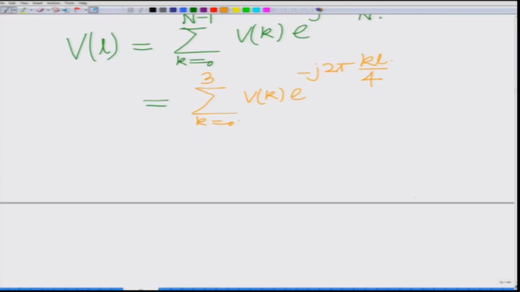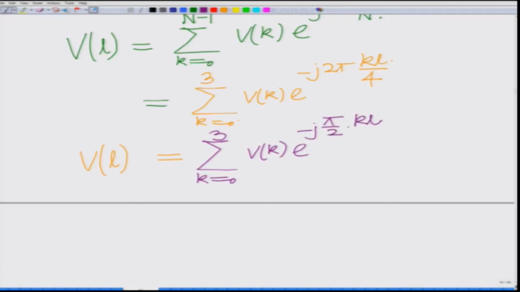So V L, your noise across subcarrier L, is equal to summation k equal to 0 to 3 of v k e raised to minus j pi by 2 k L, because the 2 cancels with the factor of 2.